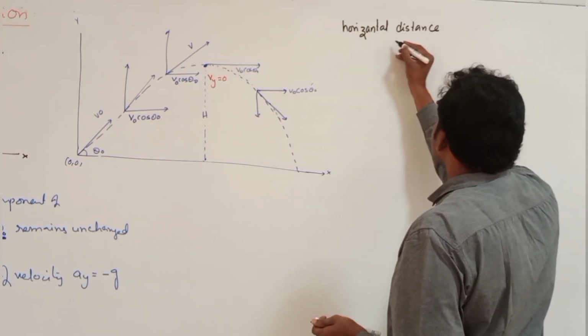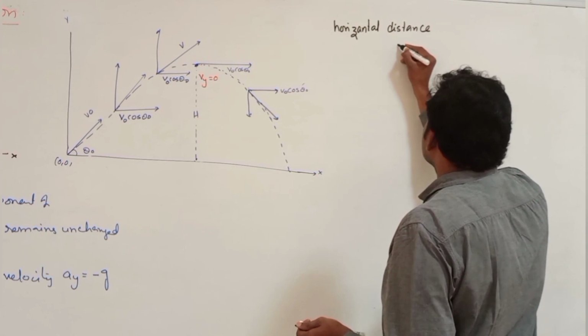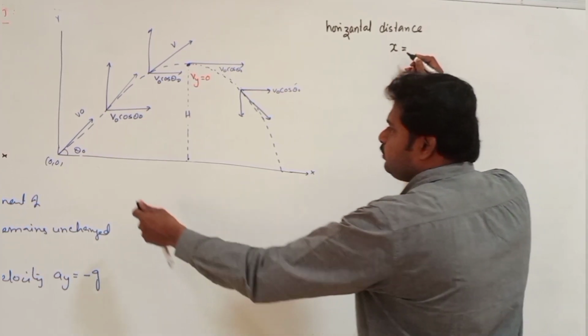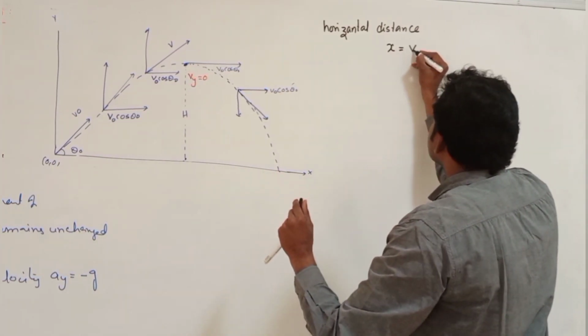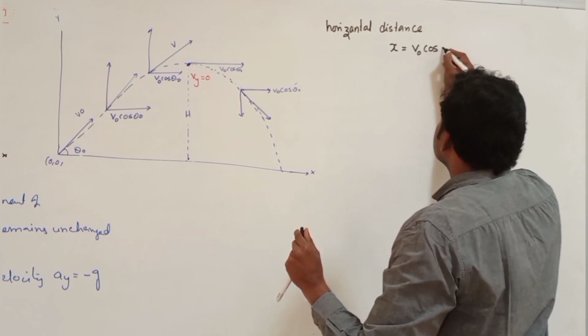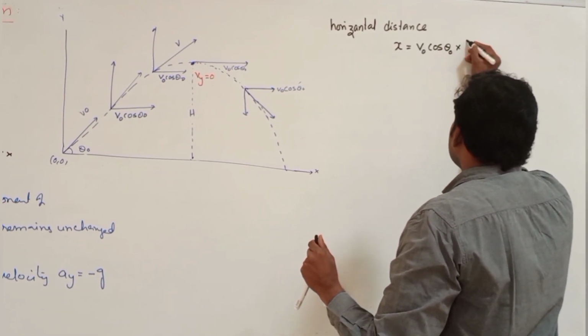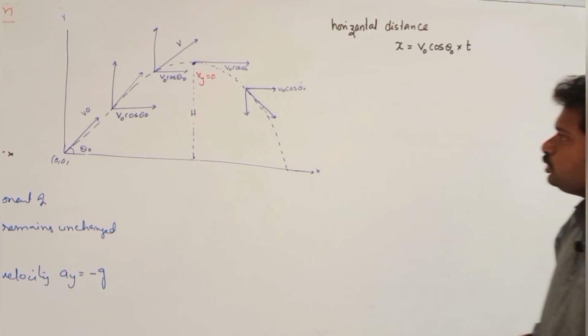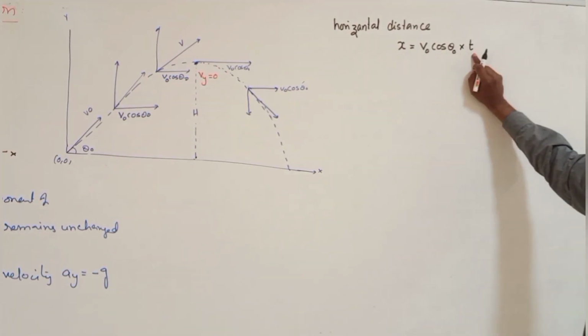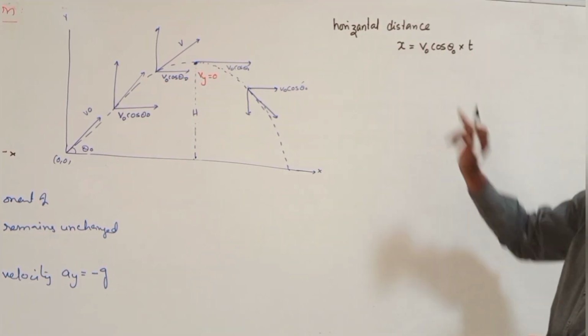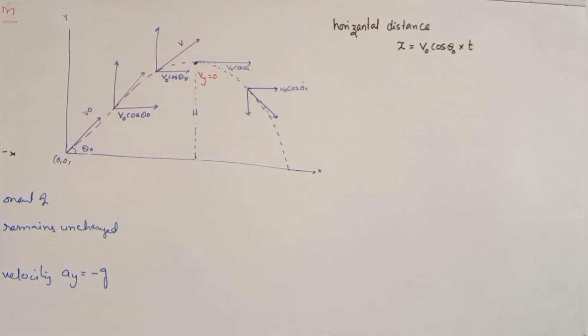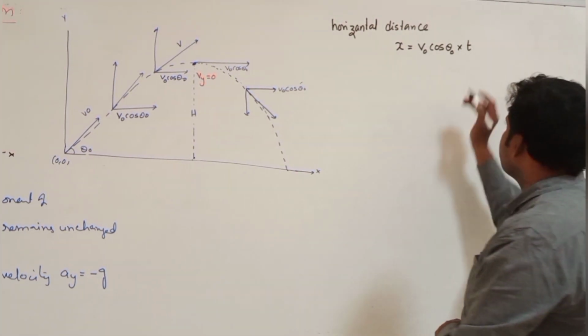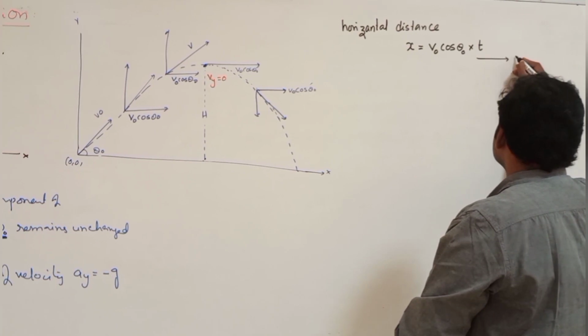Here the horizontal distance x is equal to the horizontal component of velocity, v naught cos theta naught, times the time traveled t. So x is dependent on time. As time changes, x also changes, right? You can treat it as equation number 1.